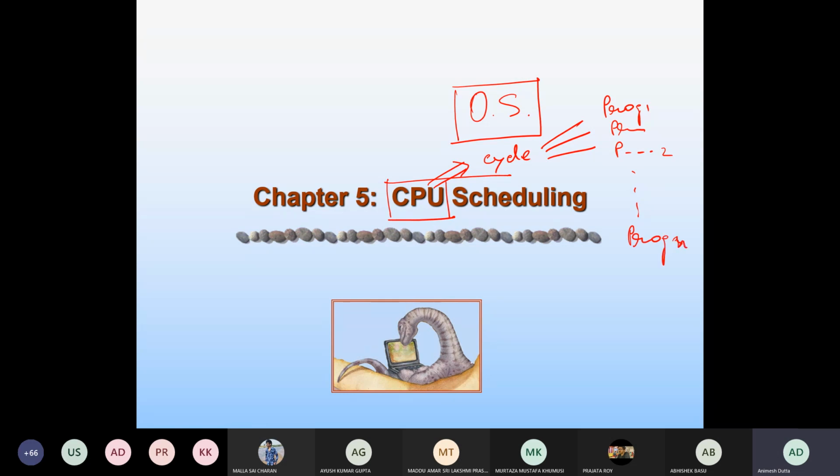Now, how efficiently will these programs be scheduled to the CPU such that their execution time will be faster, because we are always looking for a faster device. That is our objective. We want a faster machine, a high speed machine.